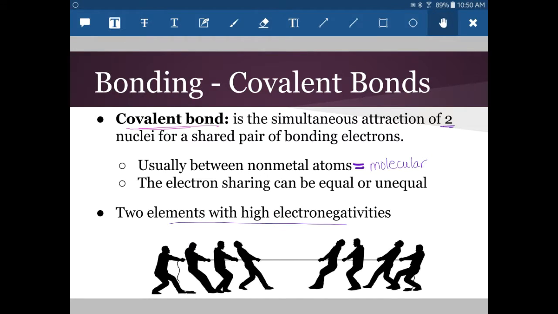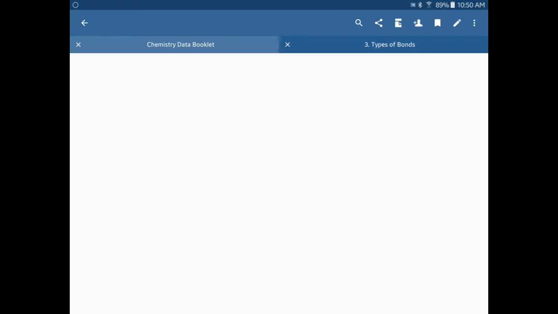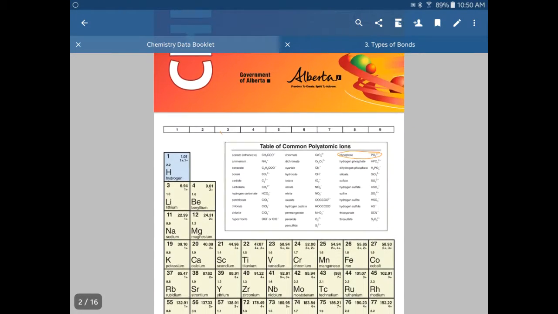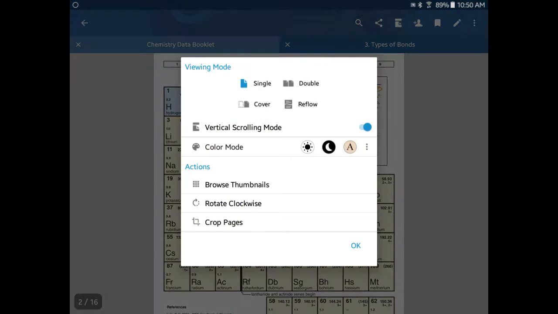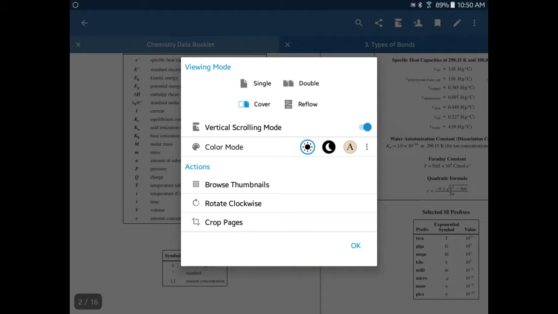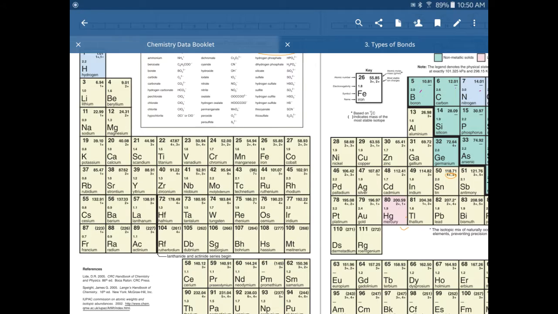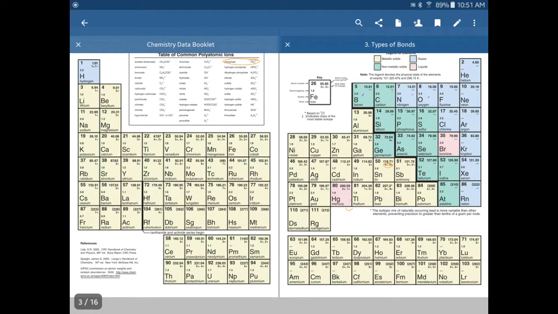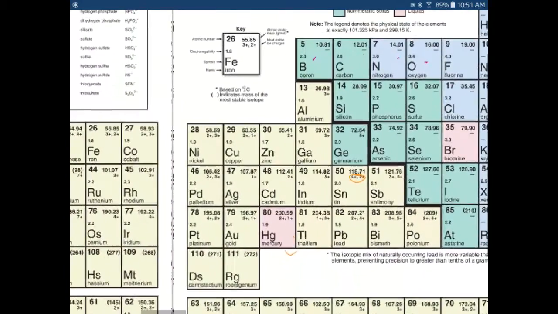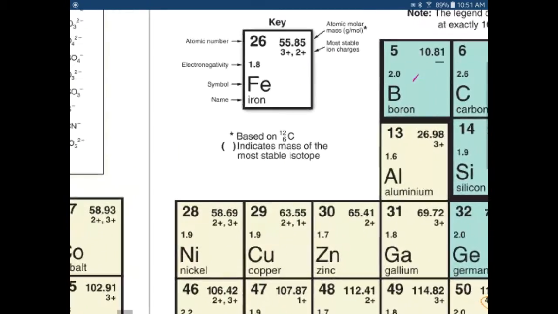So if we jump back to our periodic table, and I'm going to jump to the periodic table that you will have, we see that these elements, our nonmetals, have high electronegativities. Now, on your periodic table, you'll notice that electronegativity is this value in the top middle section on the left side, above our element symbol.